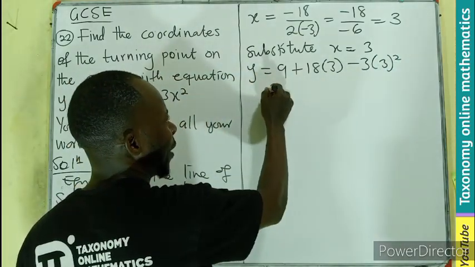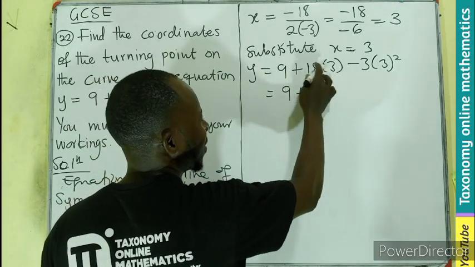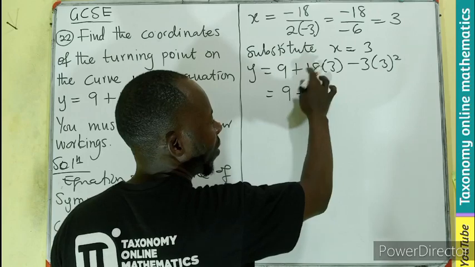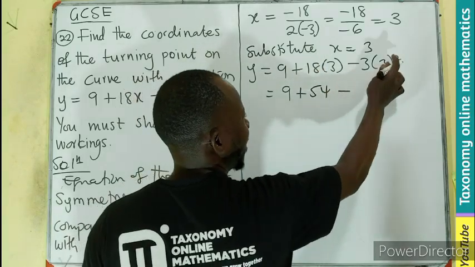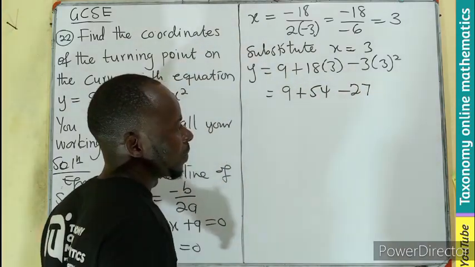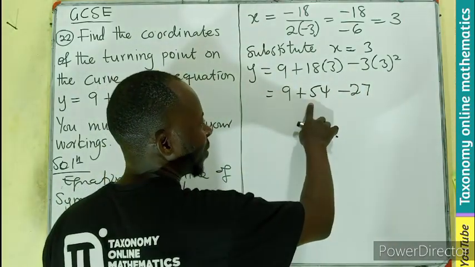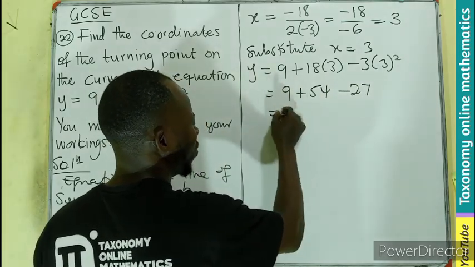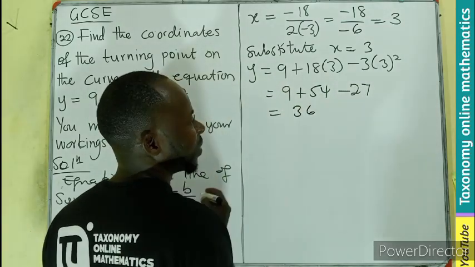What can we do from here? 9 plus 54, then this is going to be 9 times 3, 27. If you subtract this from this, you get 27. 27 plus 9 will give us 36.